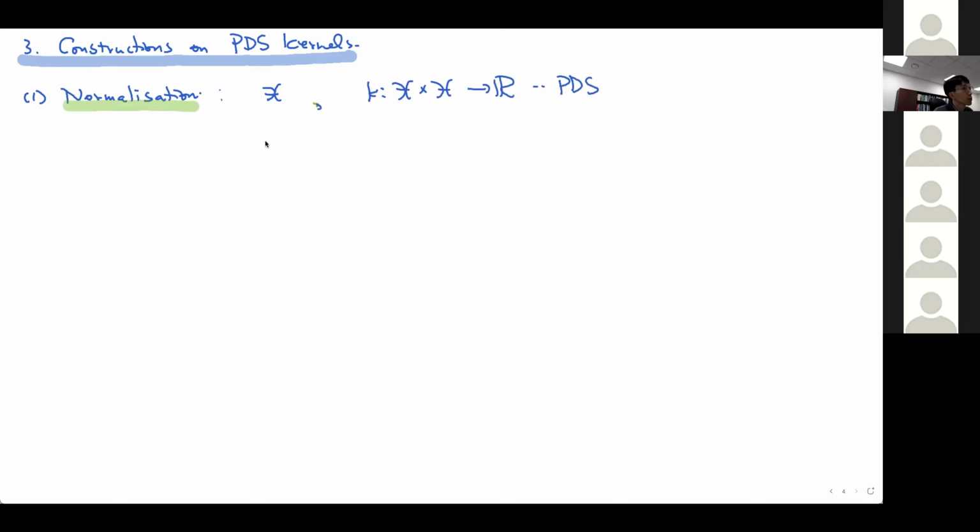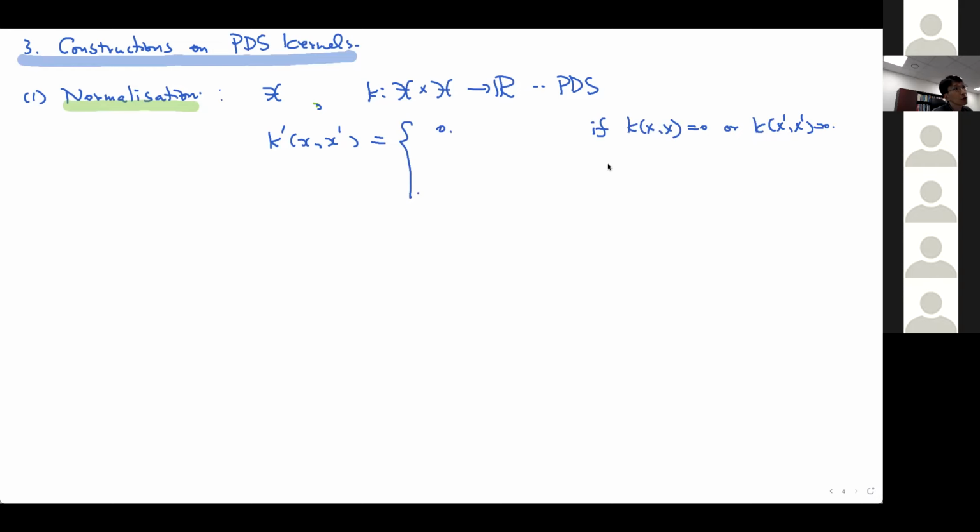K prime is defined like this. Define K prime of x and x prime as follows; we do case analysis. If K of x, x is 0 or K of x prime, x prime is 0, in that case we just map it to 0.